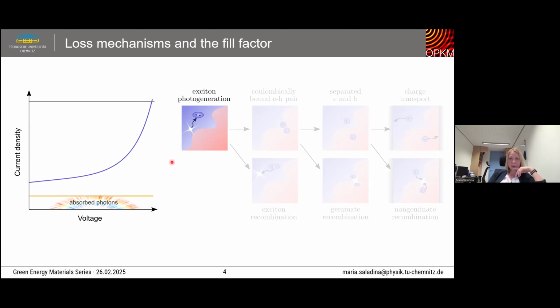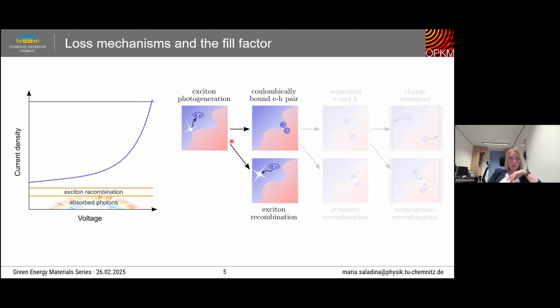Once the photon is absorbed, the electron is promoted to higher energy, and we have the tightly bound exciton. So organic semiconductors are excitonic materials, and we need many steps before we can get free charge carriers.